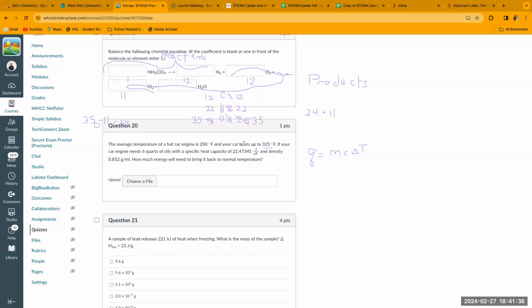The units that we have are in Kelvin, so we need to change our temperature to Kelvin first.